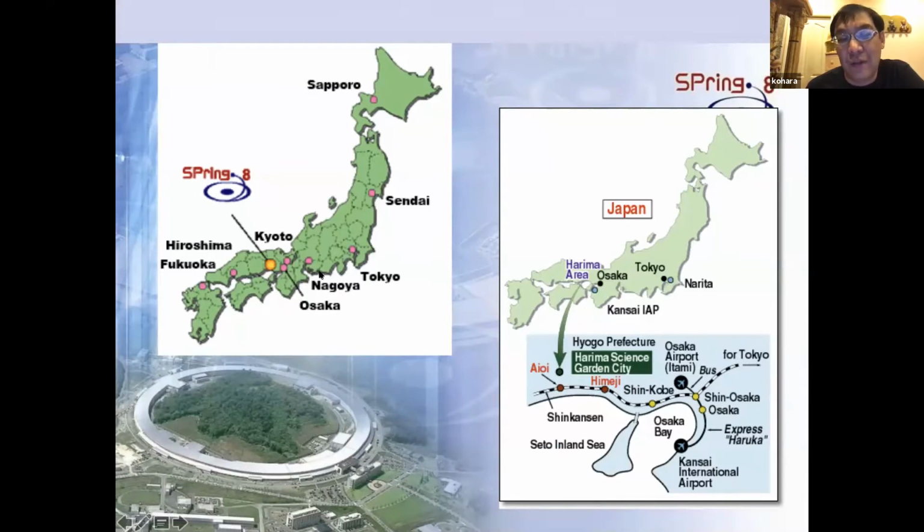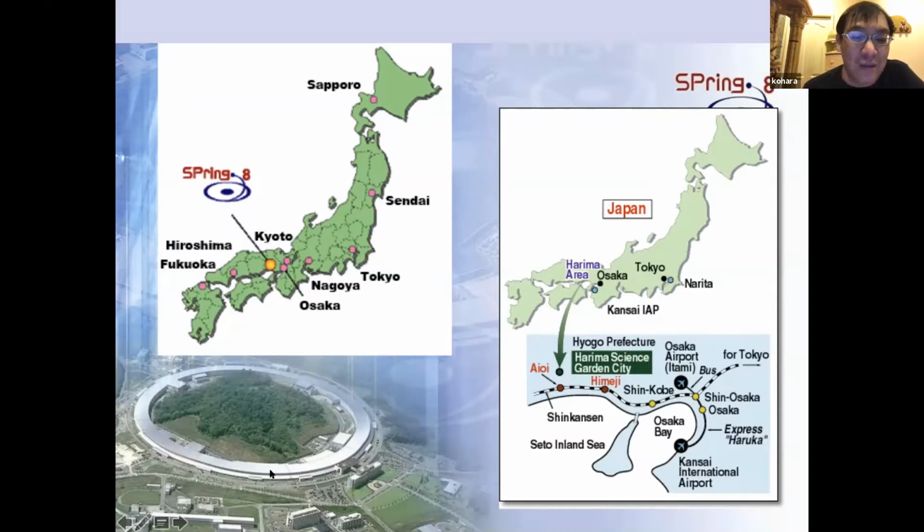So this is the rather western area, and the location of SPring-8 is a little bit inconvenient. This is Kansai International Airport. We have to take a train to Osaka and take the Shinkansen, like the TGV, to Himeji, Aioi, which is not so big a city, and we have to take a bus to get to SPring-8.